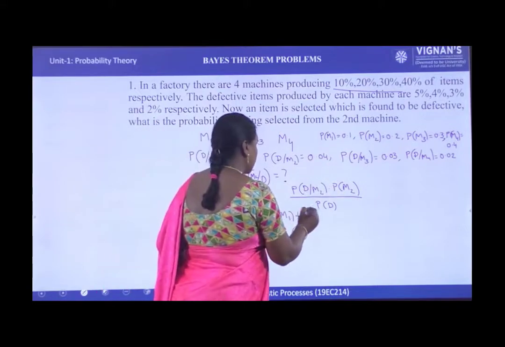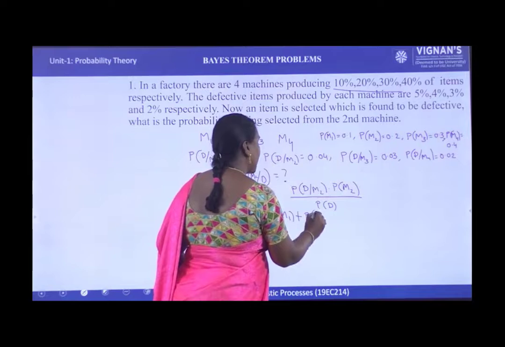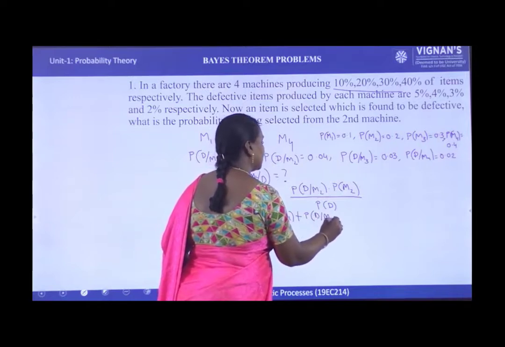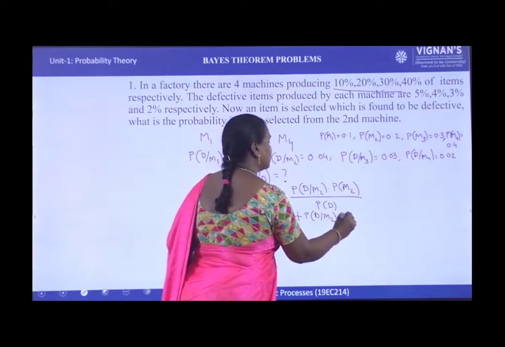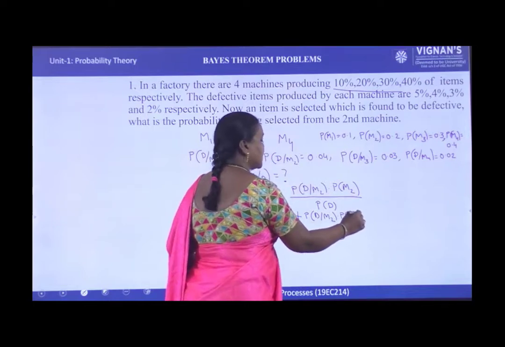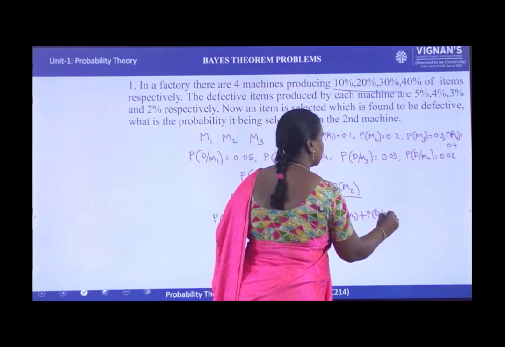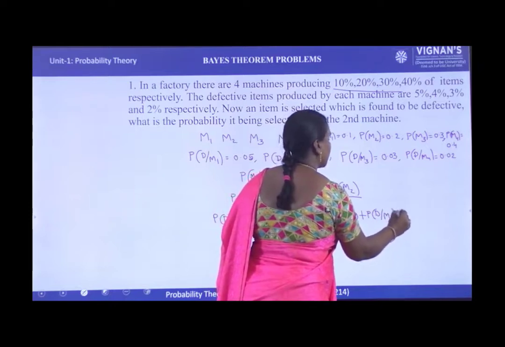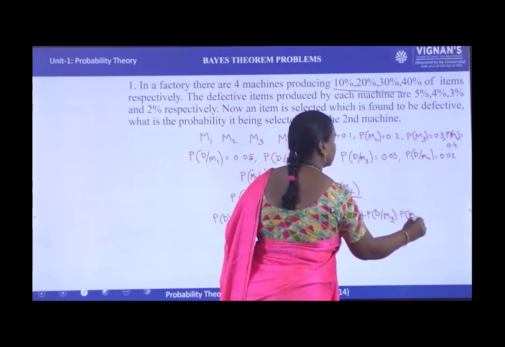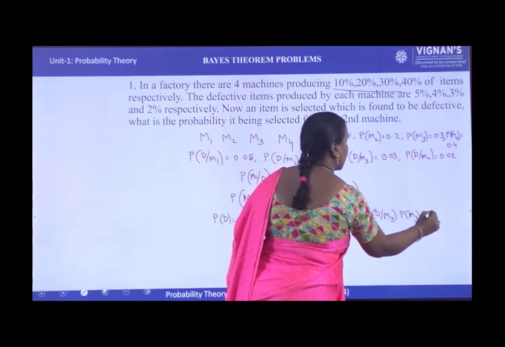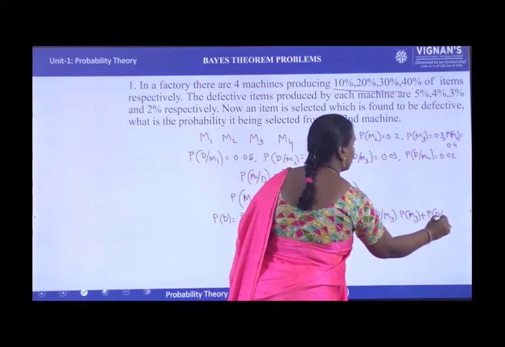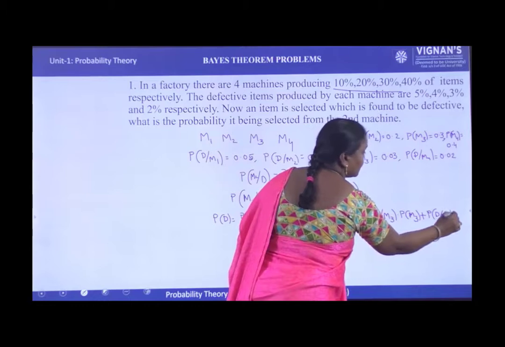Similarly, the next machines P of D by M2 into P of M2 plus P of D by M3 into P of M3 plus P of D by M4 into P of M4.